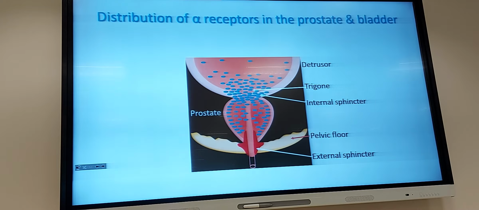That's why we talk about subselectivity. There are drugs which act only on the urinary tract, which are uroselective. Then there are drugs which are non-selective. They act both on the urinary tract, in the bladder neck and the prostate, and on vasculature, so they will have both effects.